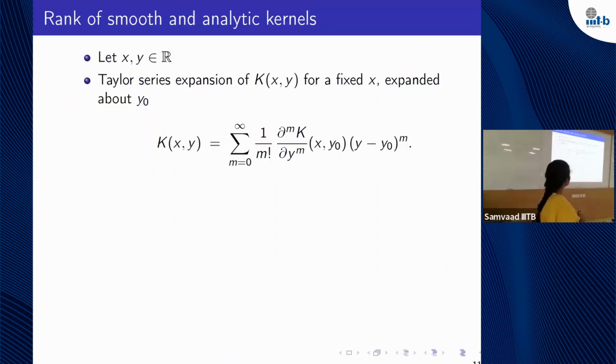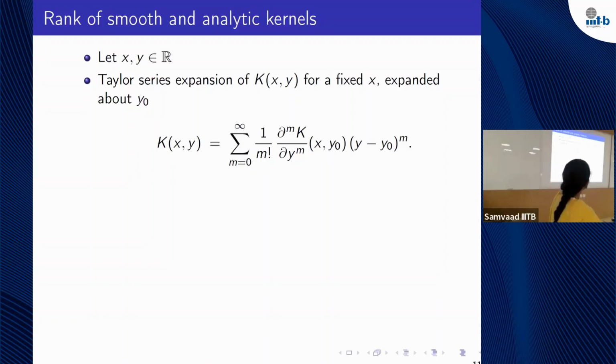To construct the Taylor series, you'll need the partial derivatives of order m, where m goes from 0 to infinity. To be able to say that I have all the higher order derivatives, I need the function k to be smooth. And to be able to say that this series converges to k(x, y), I need the function k to be analytic. So under those assumptions, let me write down k(x, y) as this Taylor series expansion.